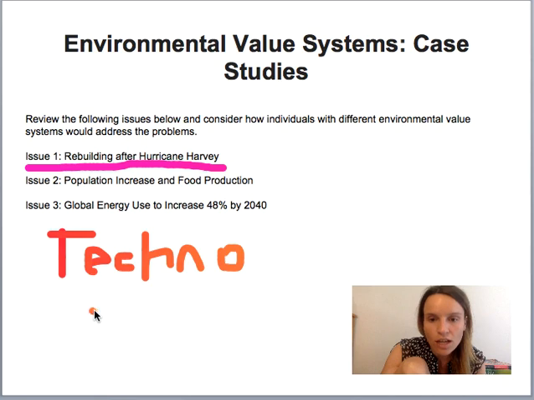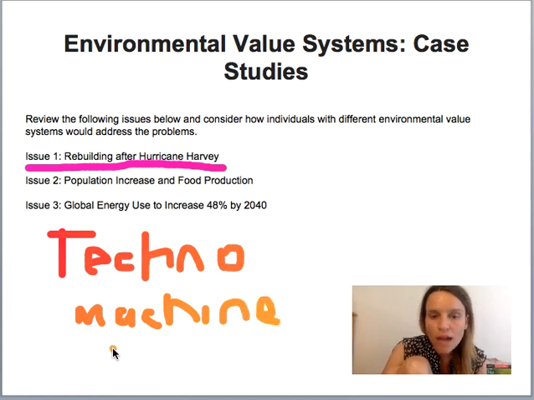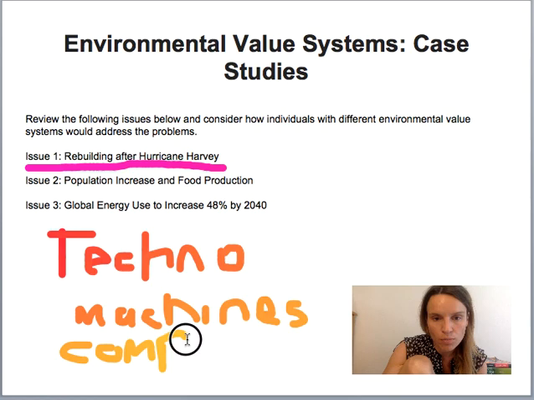We need technological solutions as fast as possible. Machines and different software programs to see where the most damage has been. And we're going to rely on private contracting, machines and computers, to deal with solving our environmental problems. So that's more what you do if you were technocentric.